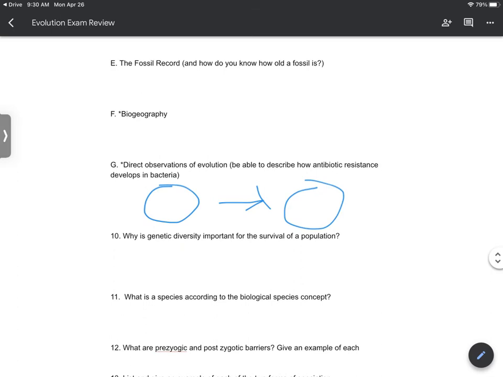For example, mating at different times of year, having different mating dances or rituals, having different preferred habitats in the same area. Maybe just their parts literally don't fit together. A postzygotic barrier would be something where maybe they can produce offspring, but their offspring are either not fertile, like a mule, or they are not viable, like the liger.